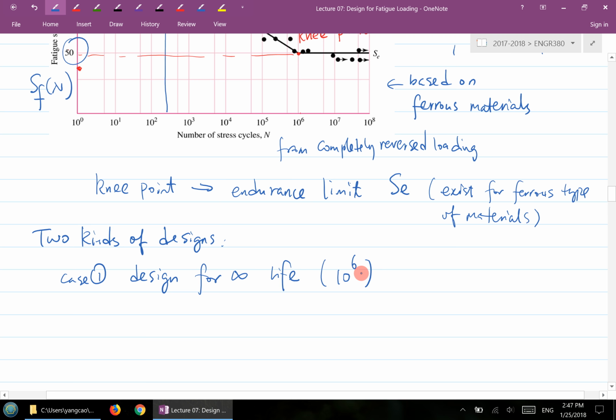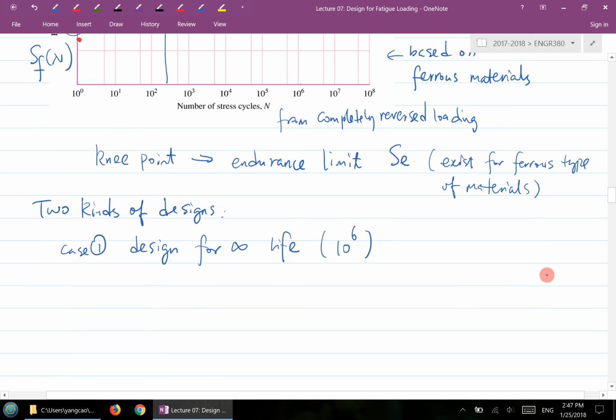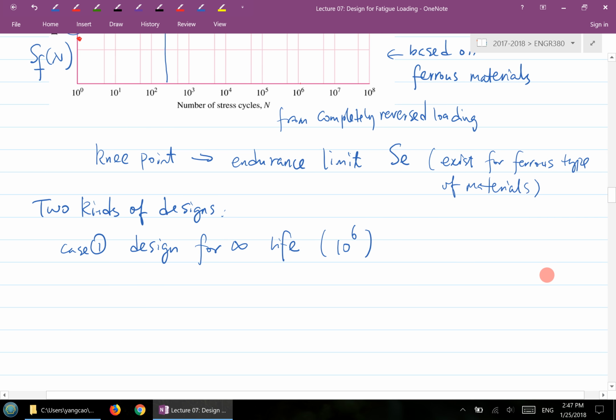Then, let sigma A be the amplitude of this completely reversed loading.